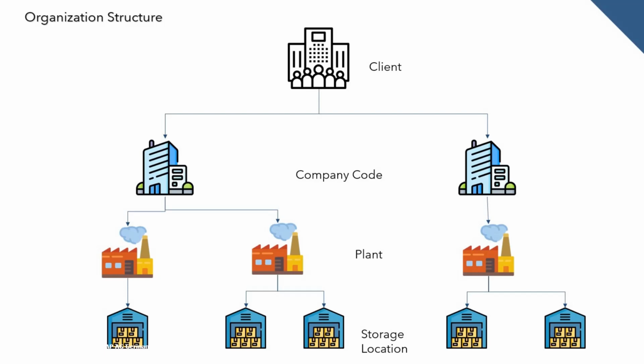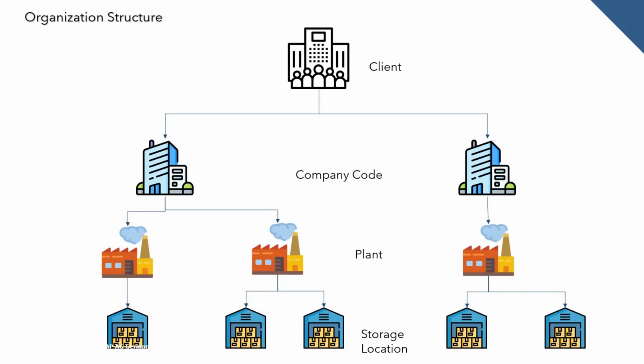In this case, the client, which is at the topmost level, will have its own master data. It will have a set of tables, because SAP works on many tables. Then the company code, which is below the client, will have its own general ledgers, transaction records, profit and loss, and balance sheets, etc., maintained at this level.